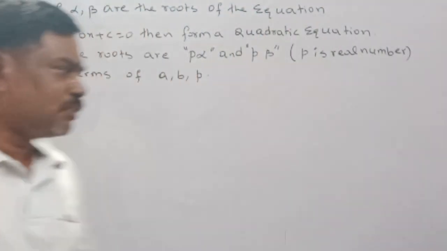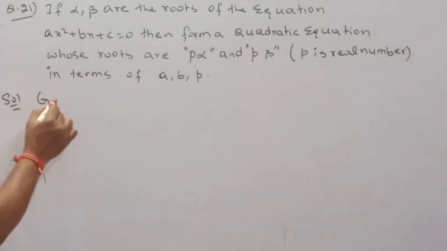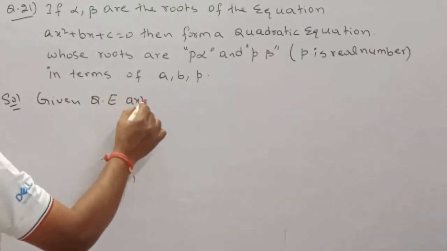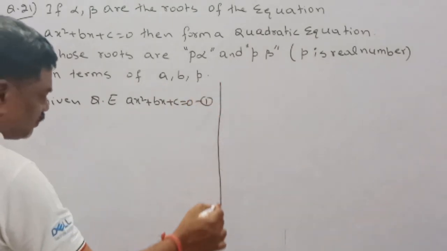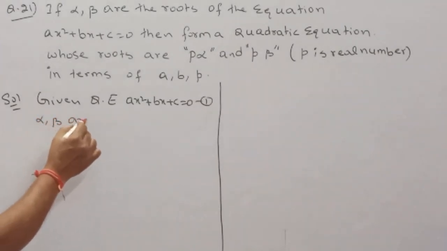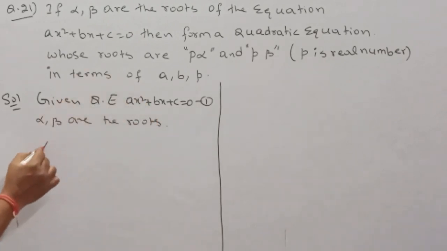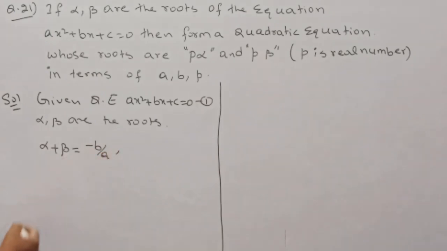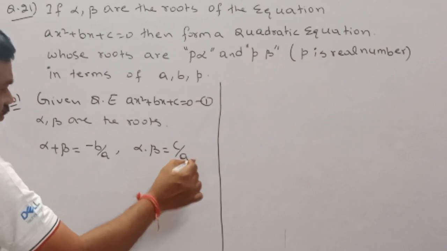Okay, all of you. So here you see, given quadratic equation ax square plus bx plus c equal to 0, equation 1. So alpha comma beta are the roots. Then alpha plus beta, the sum of the roots, is minus b by a. We know that the product of the roots alpha into beta is equal to c by a.